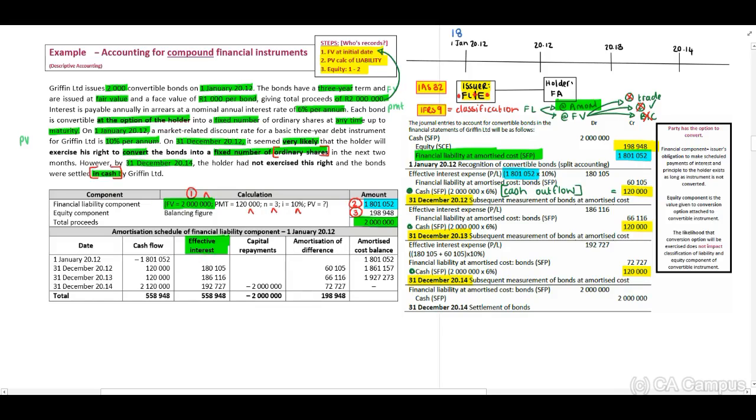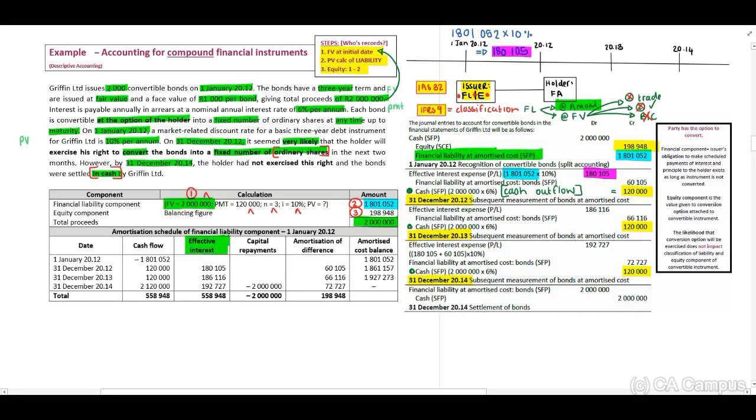I'm going to include this on our timeline. 1,801,052, and our market interest rate is 10%, therefore times 10%, and this will be our effective interest rate. I'm going to highlight this pink. Okay. Now, at the end of 2012, what will the balance be of our liability?